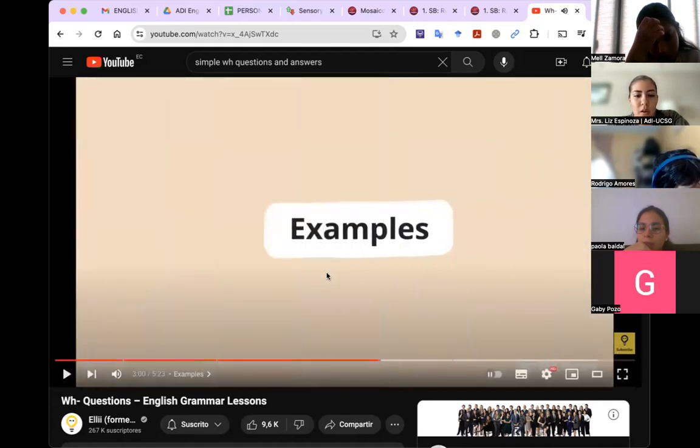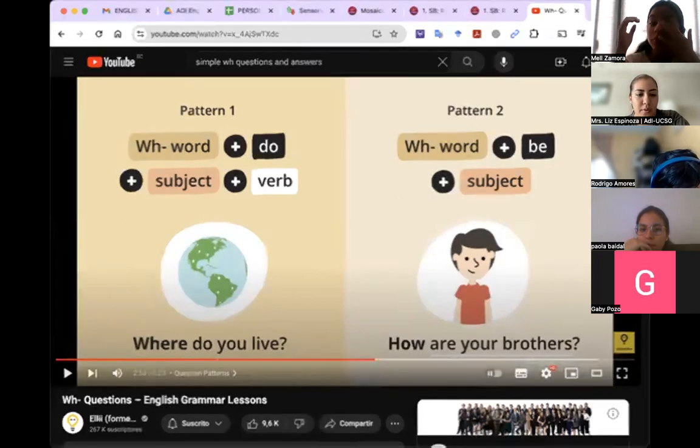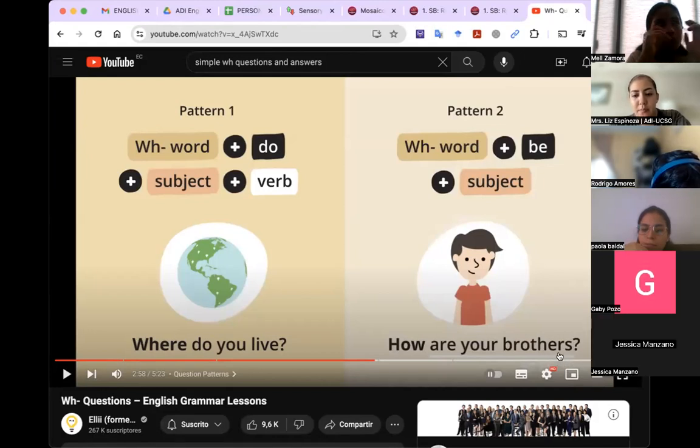Let's look. Okay, before we look at the examples, I want to stop there. I would like to show you a tip, I don't know if you know it, that I sometimes use to help my students remember the changes in the verb to be, okay?